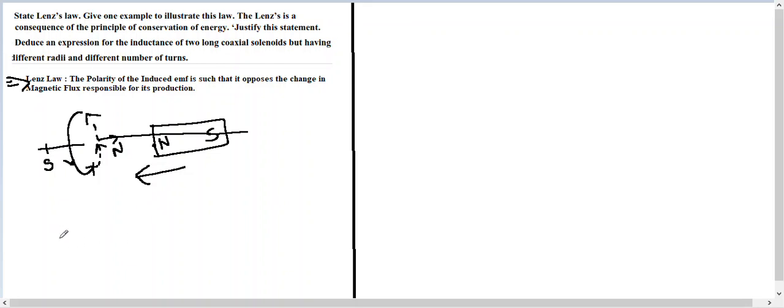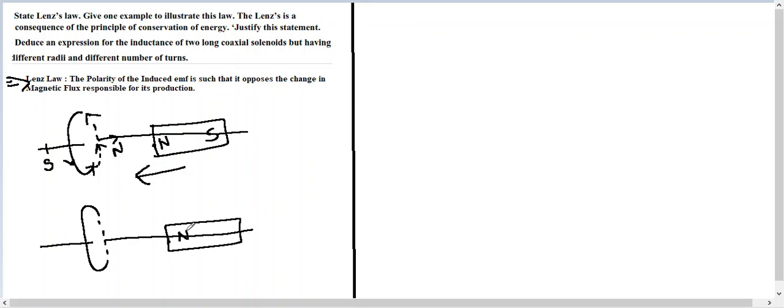Similarly, when the north pole of the bar magnet is moved away from the coil, let's draw it first. Let's take this as a coil, and then that's your bar magnet. Here it was north, south, and we are going to take it away. The magnetic flux linked with the coil decreases.